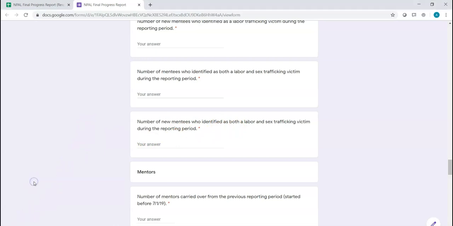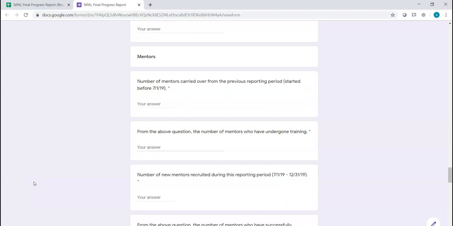The next set of questions has to do with the mentors in your particular program. The first one is the number of mentors carried over from the previous reporting period. So this is essentially any mentor that participated in your program after July 1st, but first got their start in your program before July 1st.